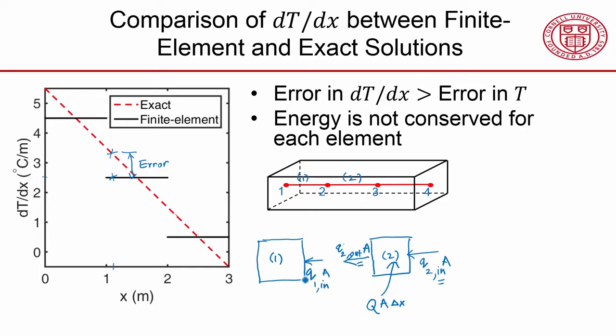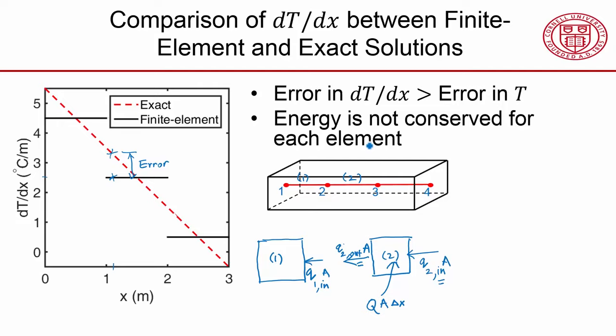Because these are adjacent, so this has to be equal to that according to physical reasoning, but it's not so in a finite element solution. And you can show that that difference is exactly equal to the heat being generated in the element. So it's taking the heat being generated in the element and adding it to the heat going in through the face of the adjoining element. That's non-physical, which means that energy is not conserved for each element.